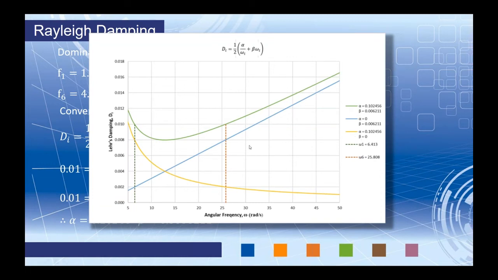Well, when we set beta equal to 0 for this yellow line, we're only considering the mass proportional damping effect. This blue line is where I've set alpha equal to 0, but I've kept my beta coefficient. Well, this is the stiffness proportional damping effect. Now, when we consider both alpha and beta, well, this is a combined mass and stiffness damping consideration.